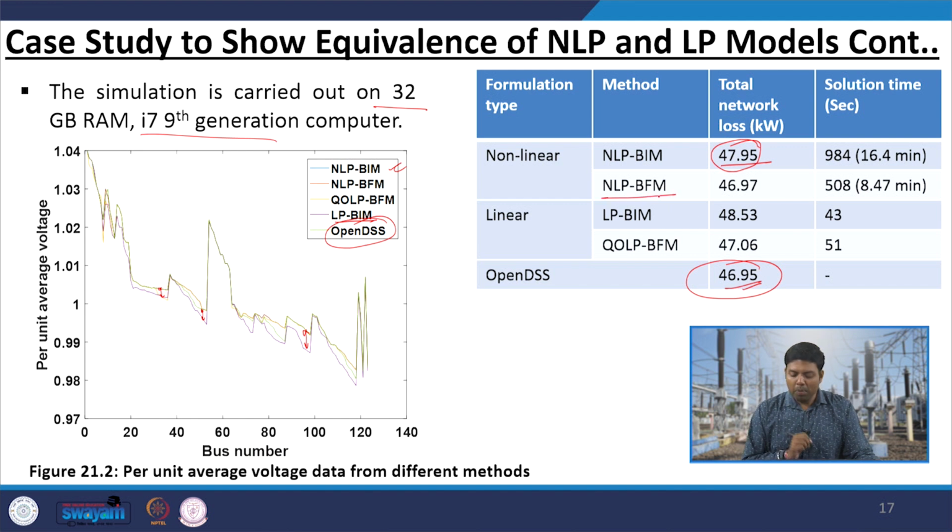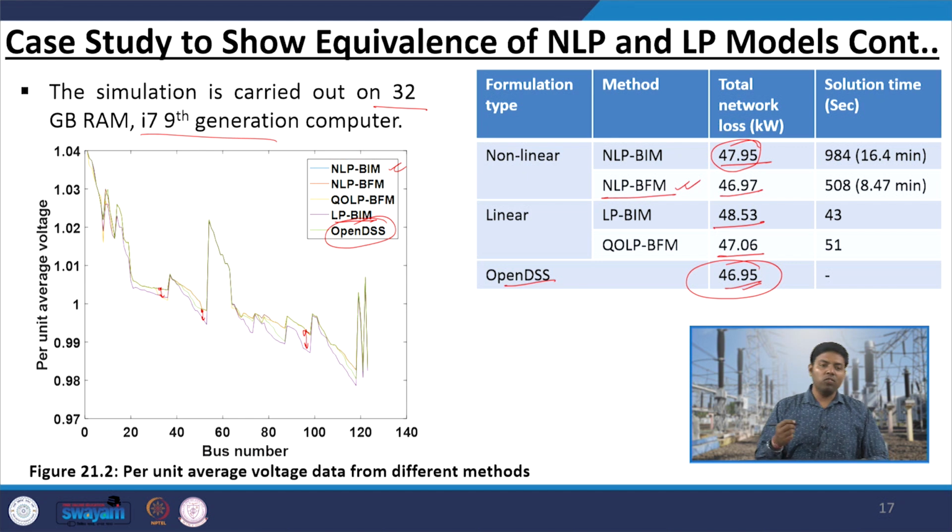For NLP-BFM, the branch flow model is actually what is solved in OpenDSS. That model is quite accurate and more relevant for the radial distribution network, and you can see the solution is close to the OpenDSS solution. Similarly, LP-BIM will give you a more deviated solution, and QOLP-BFM is also giving close results.